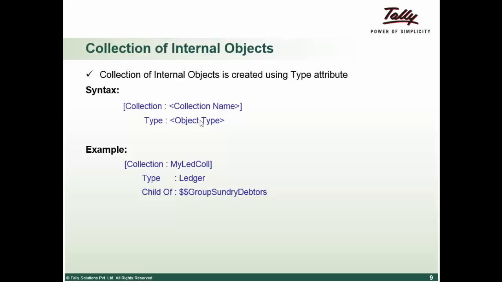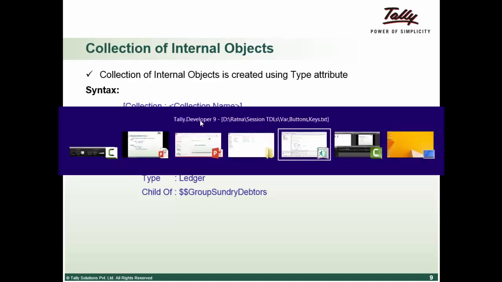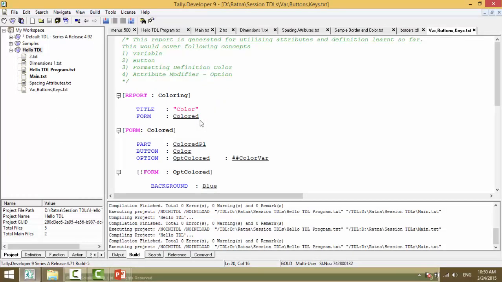However, when it comes to collection, the type attribute talks about object type. Absolutely right. Now, how would I, as a developer, know what are the internal object types available? Tally Developer is the tool that will help you.